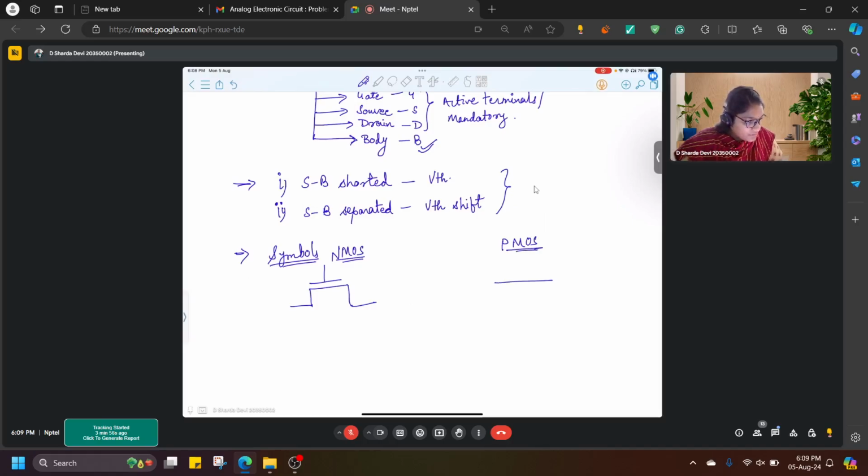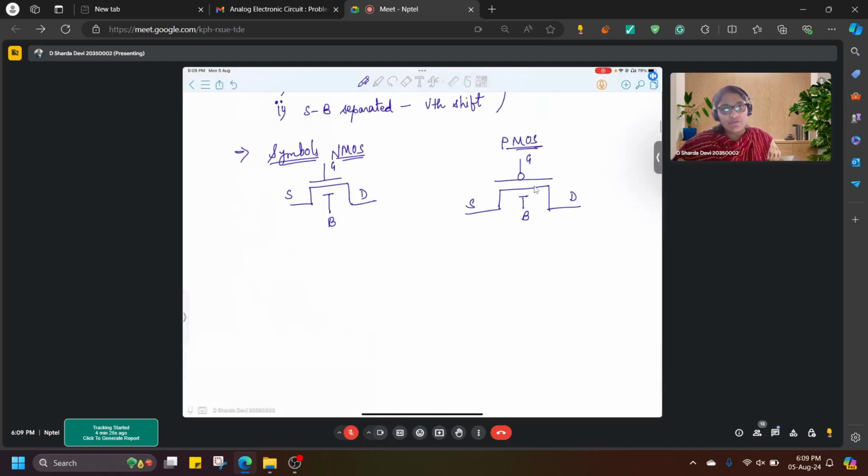We represent them with gate, source, and drain. Generally, we don't show the body terminal, considering that the body is shorted. Otherwise, there will be an additional body terminal present. This is one way of representing the MOSFET.